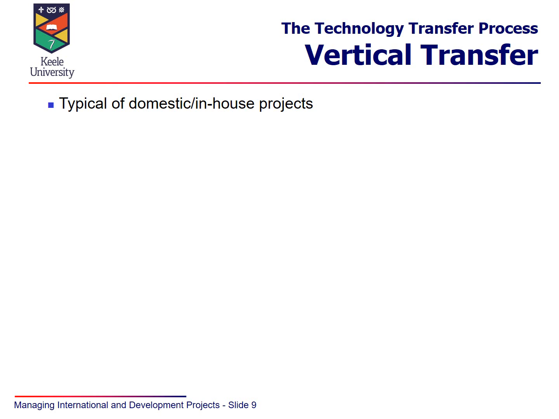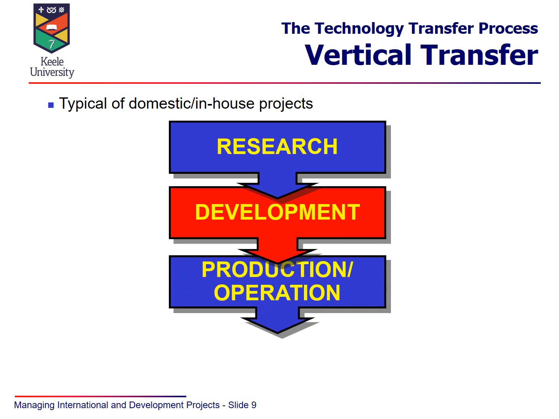The first type is what's known as vertical transfer, which is very typical of what's done in-house or in domestic projects in a particular national setting. Vertical transfer looks like this, and often involves research, then development, and then transfer into production and operation.